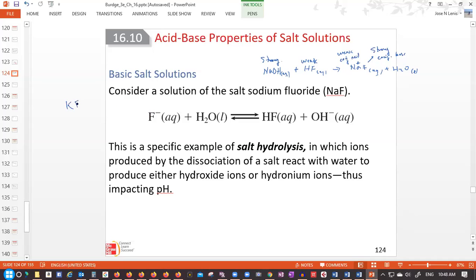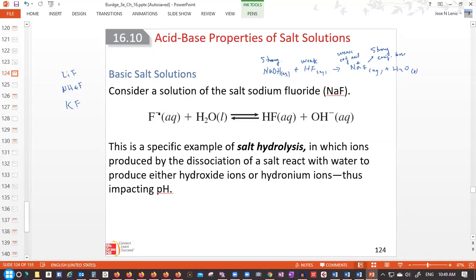So you can have F minus in any form. You can have this salt, KF. You can have NH4F, any source, right? You can have lithium fluoride, any salt containing this ion will produce, once you dissolve that salt in water, it will produce the ion.